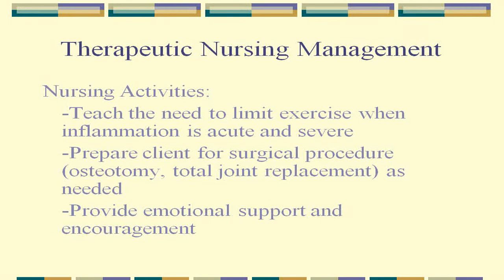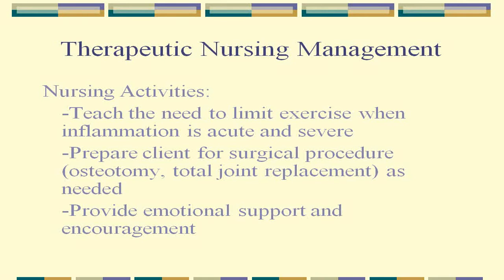Maybe about 200,000 people, a large number of people require joint replacements every year. And so we may need this. The person may need to have a joint replacement. And we want to provide emotional support and encouragement, specifically for the patient that's having to have a joint replacement early in life.